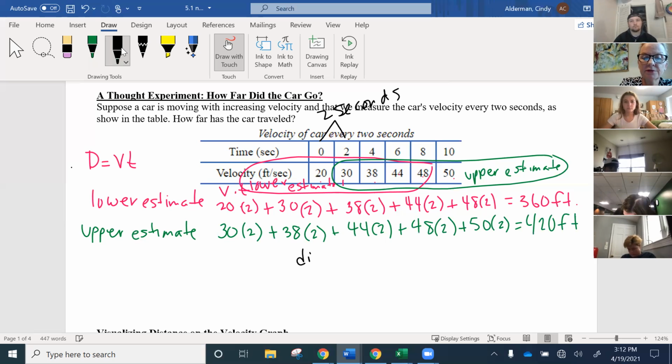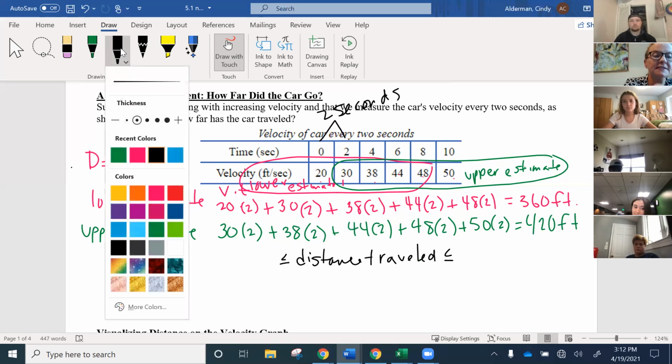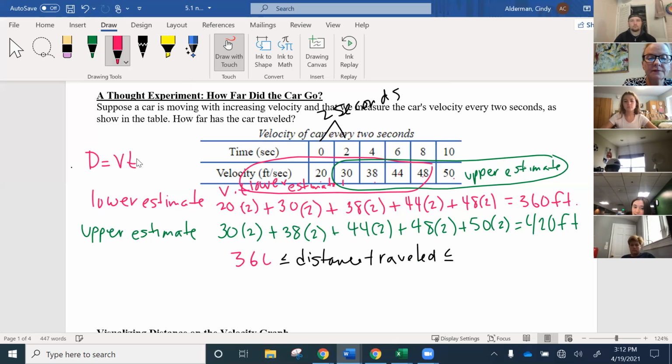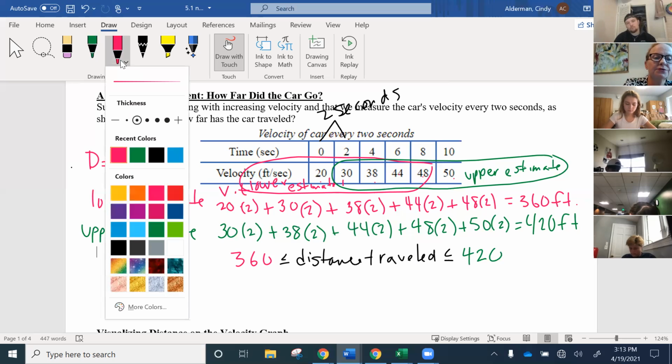Because the distance traveled is going to be in between the lower estimate of 360 and the upper estimate of 420. So just given that data alone, a better estimate would probably be an average of those two numbers.